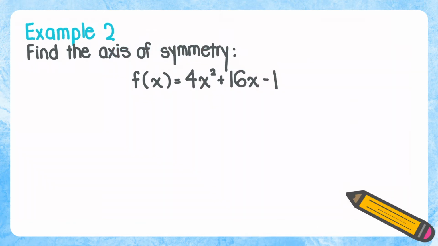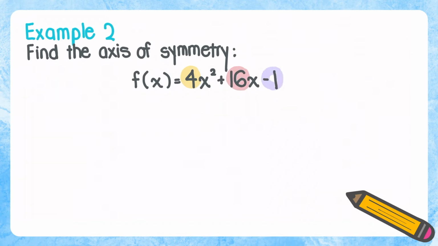Let's look at a similar example. Here we have f of x equals 4x squared plus 16x minus 1. Again, it's written in standard form, so let's label a, b, and c. a equals 4 and b equals 16.